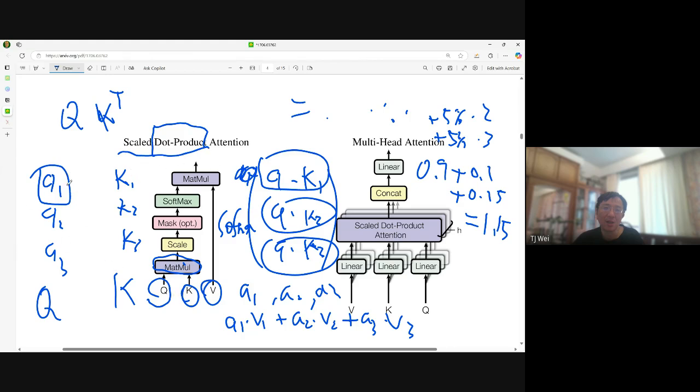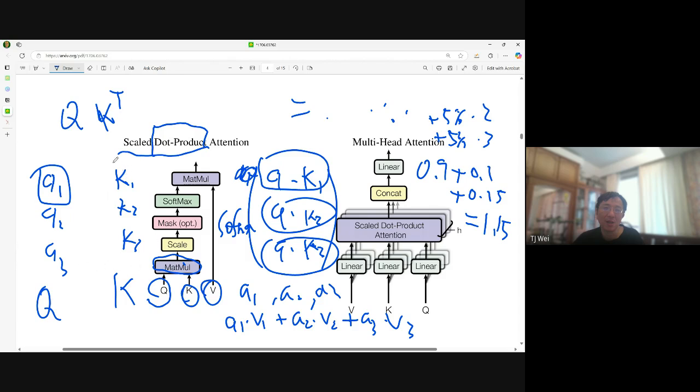The query is a sequence of vectors, and K1, K2, K3 and V1, V2, V3 are pairs of vectors. If we are using self-attention, they also have the same length as the Q, the input sequence. But if you are considering cross-attention, they are not necessarily related.